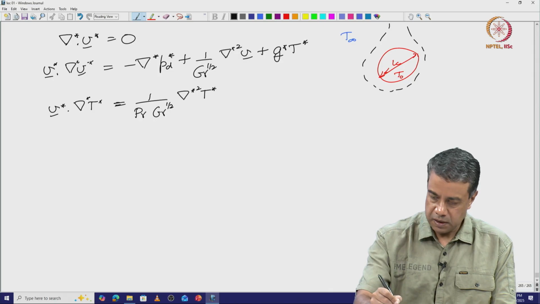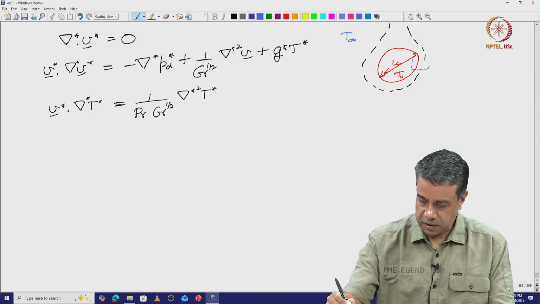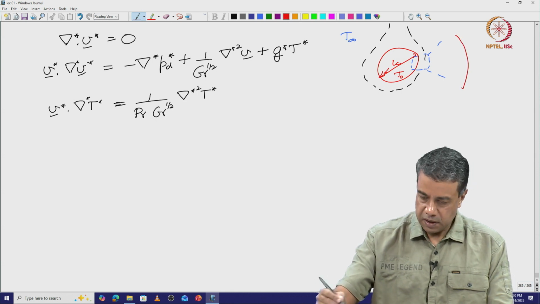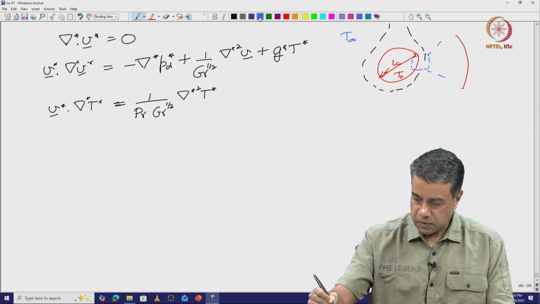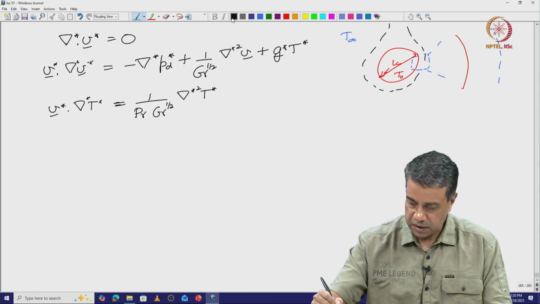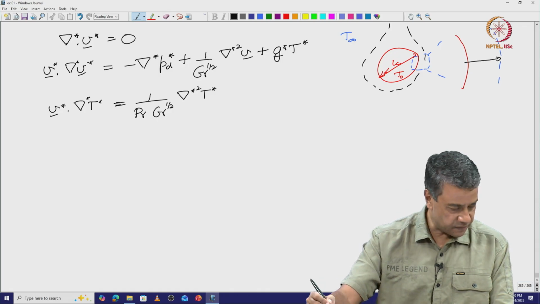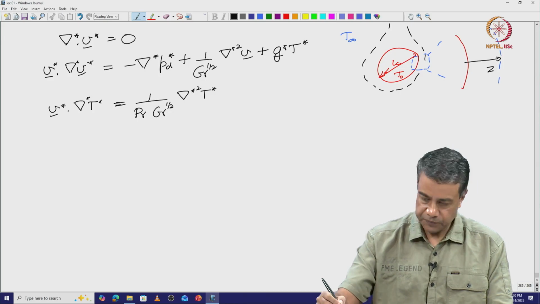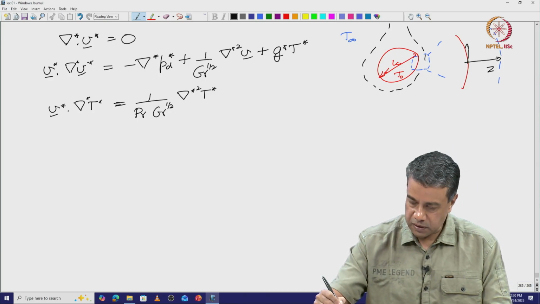If I expand out this region, basically what I have is a hot surface, and this region where the fluid is rising. If I plot the velocity as a function of distance from the surface, I will call the distance from the surface z, and x is the distance along the surface.